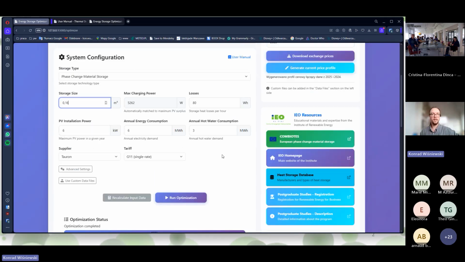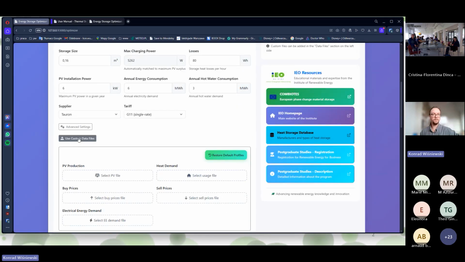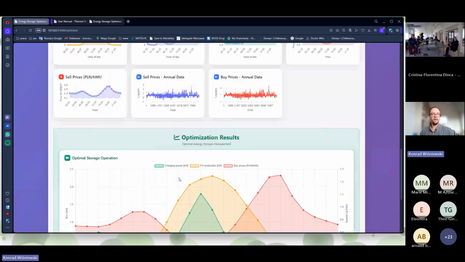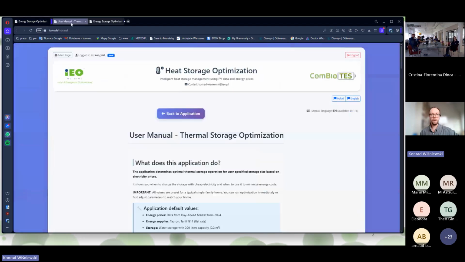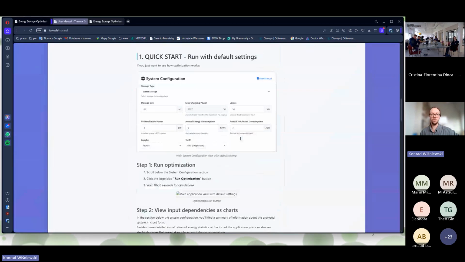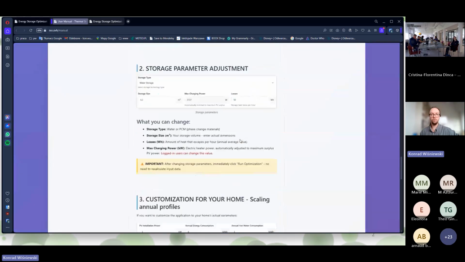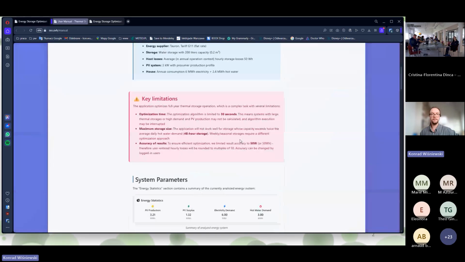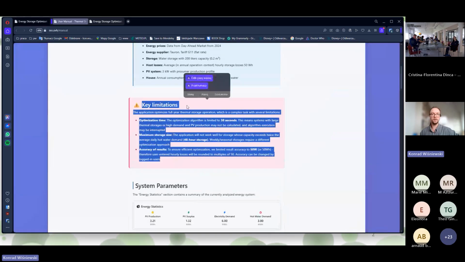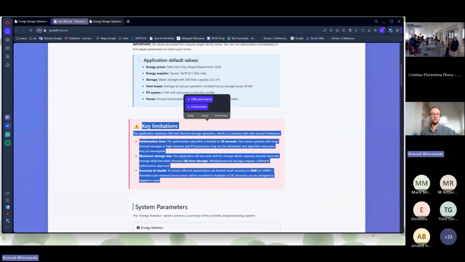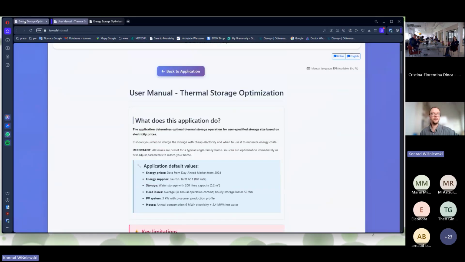If someone has some knowledge about the system, they can add their own files and see what changes during the analysis. The app also has a manual, I hope quite comprehensive, on how to use it and how to read the results. There is also some information about the limitations of these calculations, if someone is more advanced.